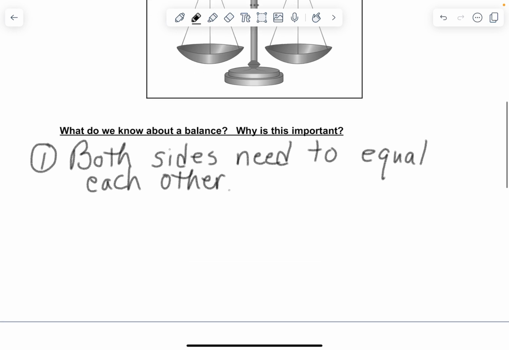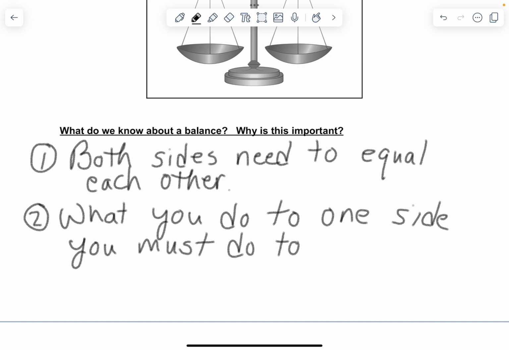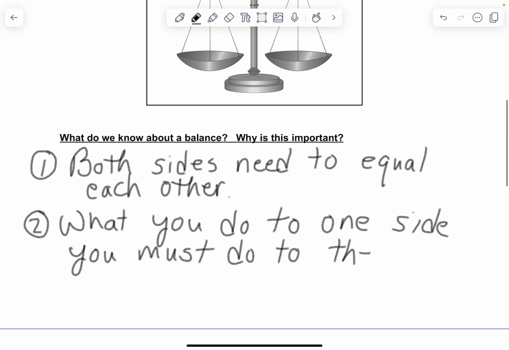And also, what you do to one side, you must do to the other side. That's the same thing for equations. Both sides of an equation need to equal each other, and if you do something to one side of the equation, you must do it to the other side of the equation. So that's just a little review from yesterday.